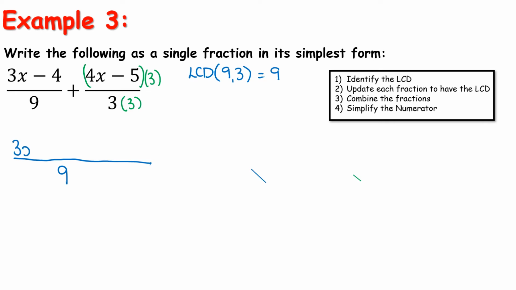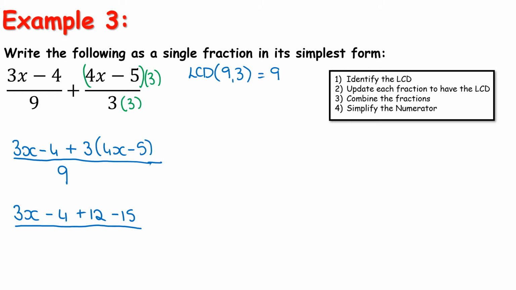So we have 3x minus 4 plus. Now I'm going to put my 3 and then 4x minus 5, just because it's easier for multiplication. It does not matter. Remember, multiplication is commutative, order doesn't matter. So now we're going to simplify the numerator. So 3x minus 4 plus 12x minus 15 all over 9.